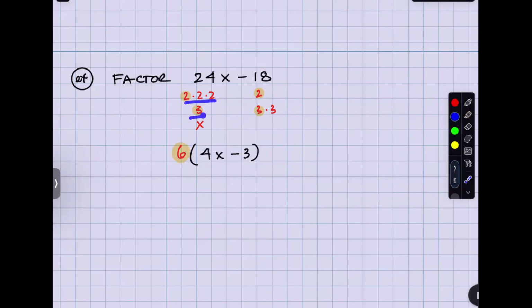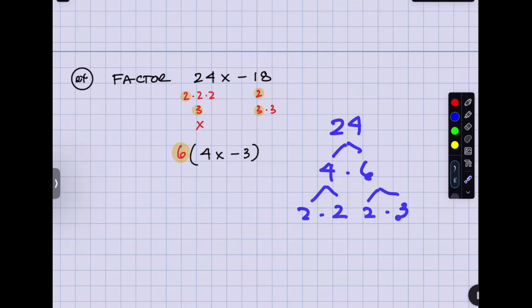Was I pretty quick at getting this right here? Would that be the prime factorization of 24? Did that take a long time? Because if you think about 24, that's 4 times 6. So 2 times 2 times 2 times 3 is 24.